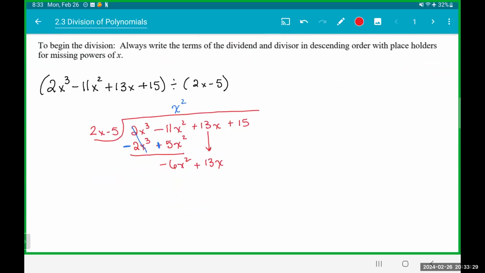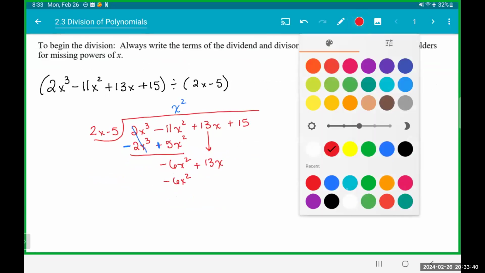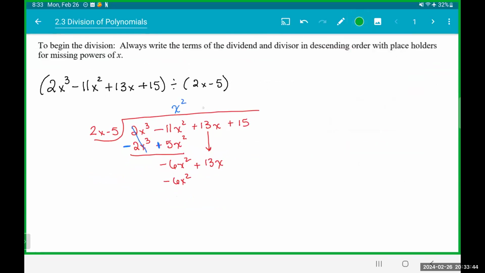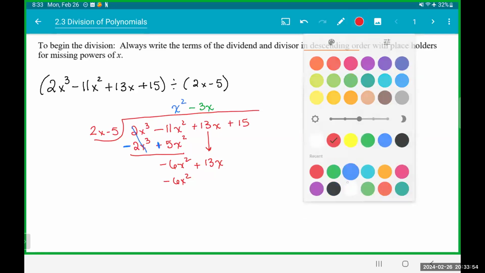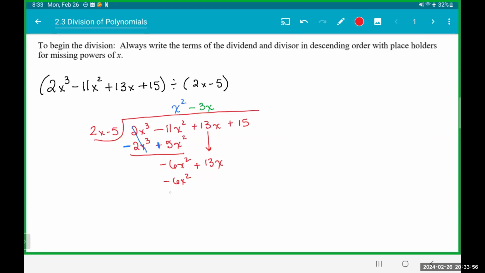So just as I did before, what do I need to multiply here to give me negative 6x squared? And that's going to be 3x, right? So this is going to give me negative 3x. So negative 3x times 2x is going to give me negative 6x squared.